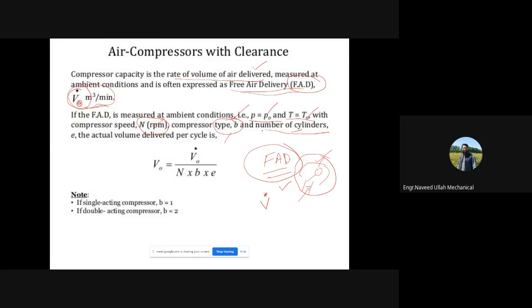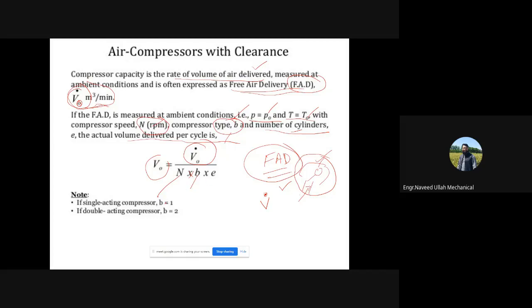So if you encounter these things and you want to calculate the actual volume delivered per cycle, वो क्या होगा? That will be the FAD divided by ये क्या है? RPM, compressor speed, multiplied by B, that is the compressor type.